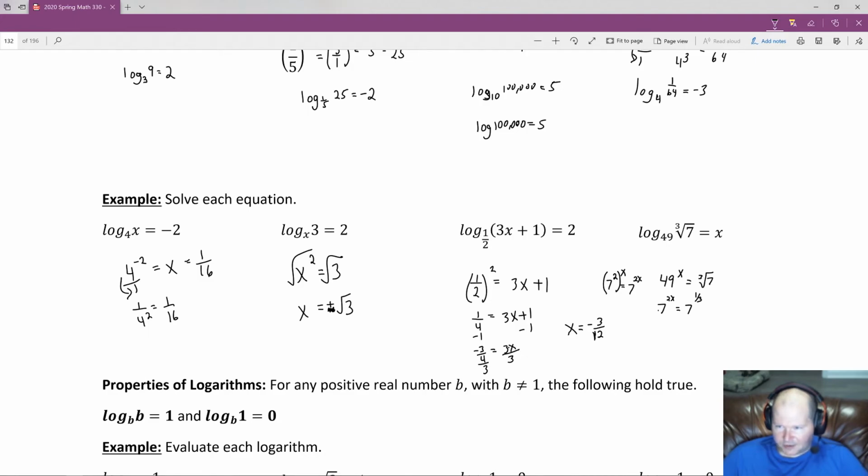Now if the bases are the same, that means this exponent and this exponent must be equal to each other. So we simply end up with 2x equals 1/3. So simply undo the multiplication of x by 2 by dividing by 2. Whatever we do to one side, we do to the other. And we end up with x is equal to 1/6.